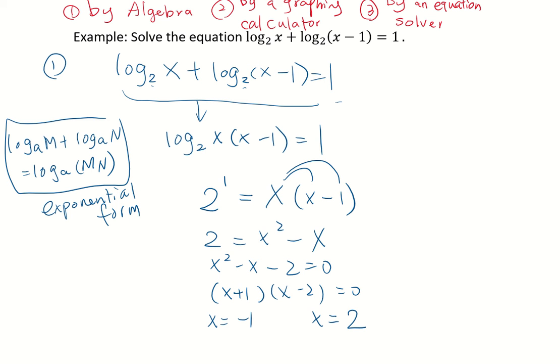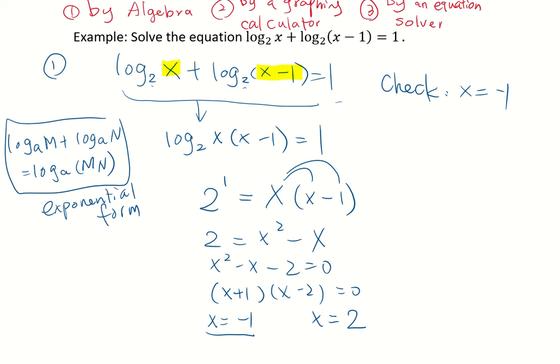The reason I said it's a possible solution is that we need to check if the answers we get will make each argument positive. So I want to see first if -1 will make each of the arguments in the original equation positive.